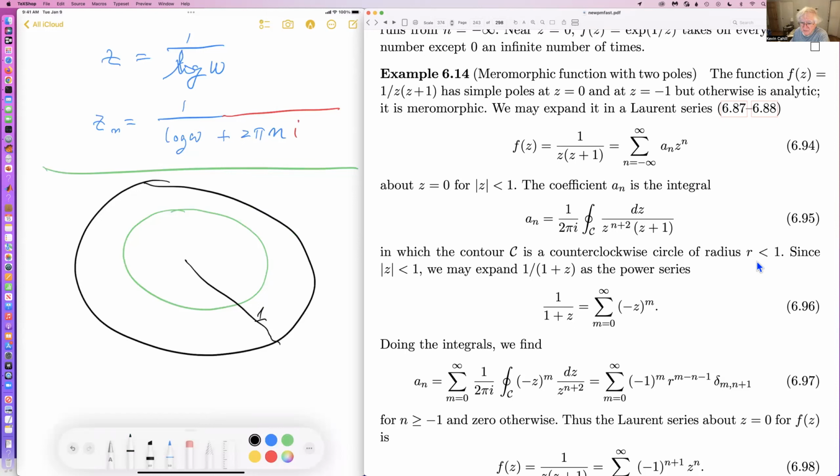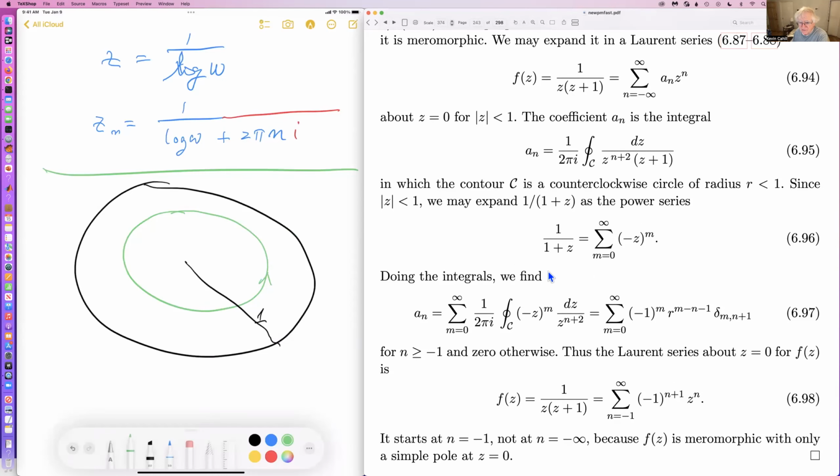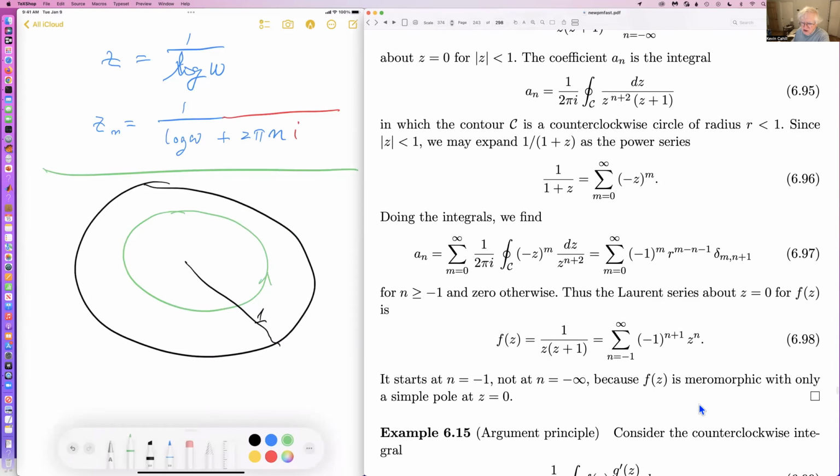We're integrating along this green circle, and the coefficients are given by the formula we just derived. You do the integrals, and these turn out to be pretty simple to do. And so this is the Laurent series.